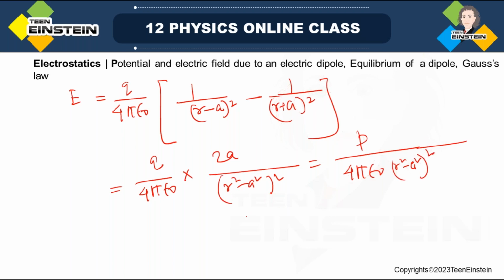Okay, now look, r is the position, so if r is much greater than a, the separation between the charges, in that case you just take this common, p by 4 pi epsilon naught, r to the power 4 into 1 minus a square by r square.